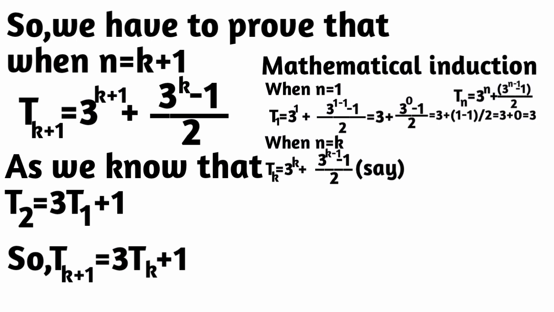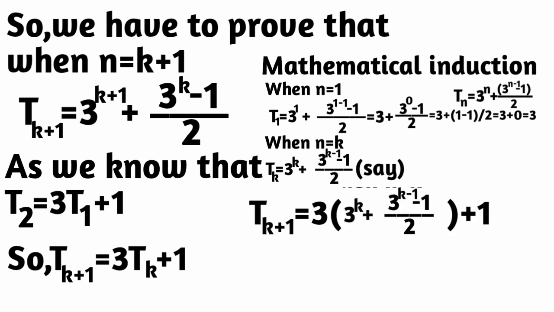Again, by putting the value of Tk as we have supposed before, we can express Tk+1 = 3 × (3^k + (3^(k-1))/2) + 1.